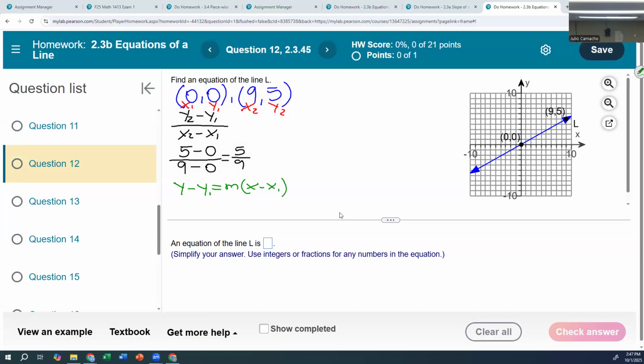Because I need to pick one of the points, I will pick this point, and that is my slope. That is the point that I'm using in the formula, and that is the slope that I'm using in the formula.